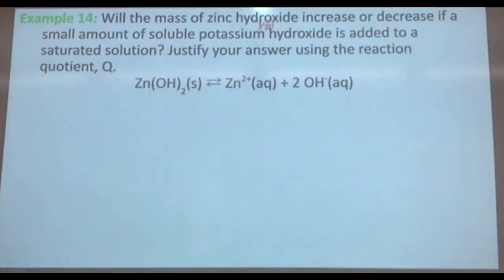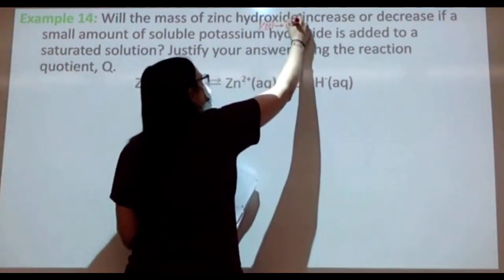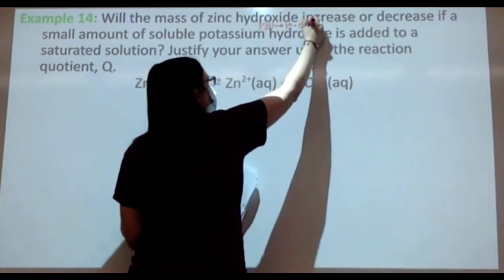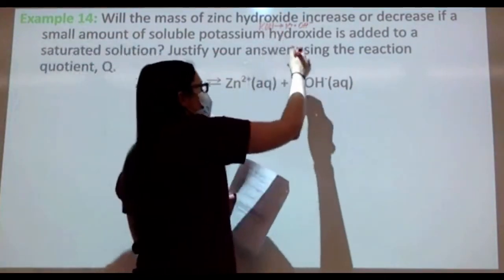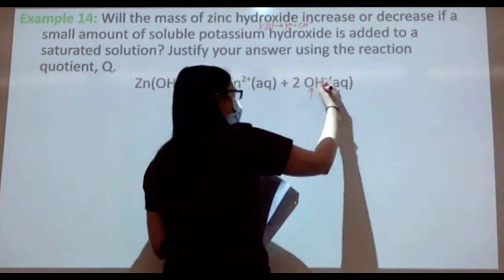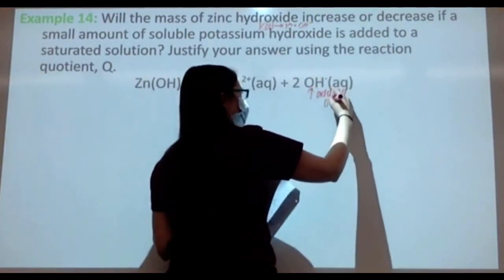It's soluble because potassium is one of the ions that is always 100% soluble, so it breaks apart. So that means that to this equilibrium, we're adding K+ and OH-. There's no K+ in here anywhere, so we don't worry about that. But there is OH-. So we're adding OH-.